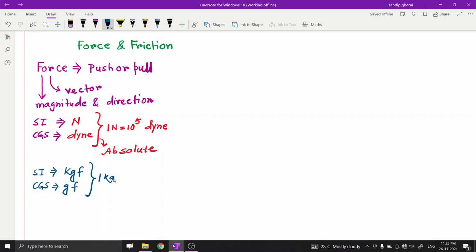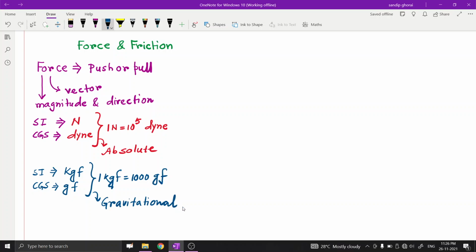Simply we can say 1 kgf is equal to 1000 gf, and these units are called gravitational units. And if we apply a force to a body, then what actually happens?